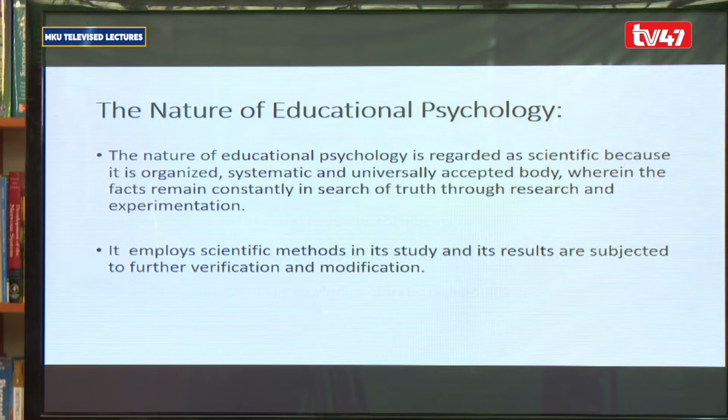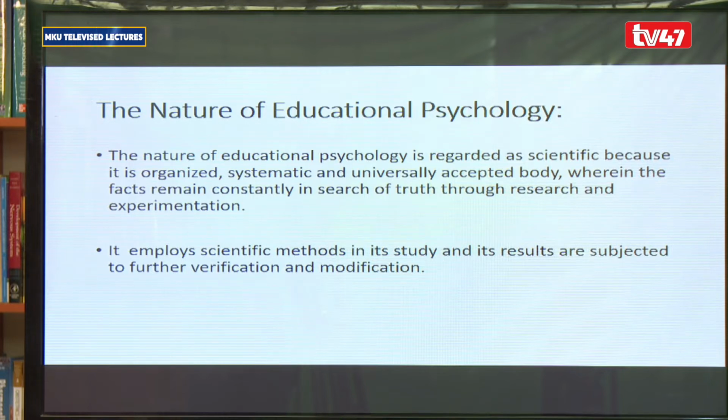What is the nature, the characteristic, of educational psychology? We say that it is scientific. Yes, educational psychology is scientific. Why is it scientific? It is because it is organized, it is systematic, and it is a universally accepted body of knowledge.